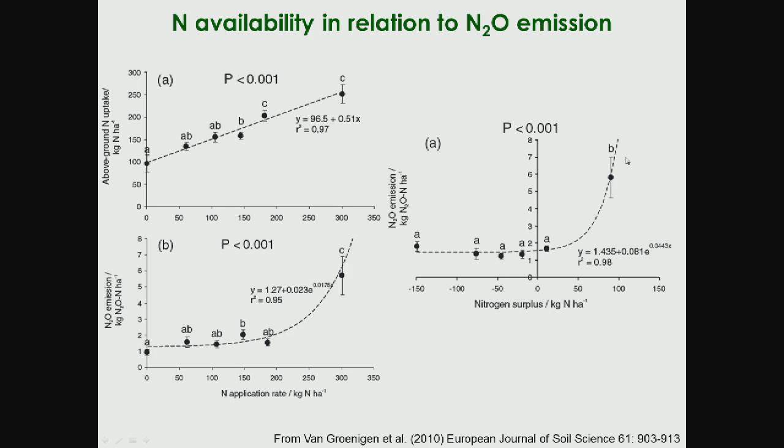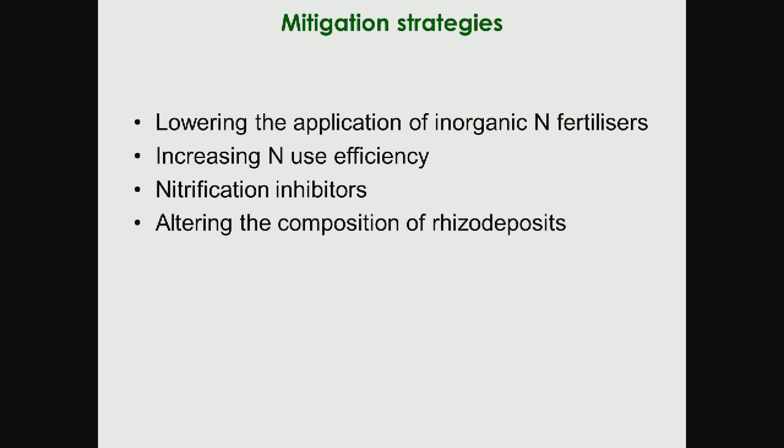So this really indicates that we need to be much more sustainable in our applications of nitrogen into our arable fields to limit this production of nitrous oxide. So clear approaches to mitigate this nitrous oxide production is to manage the application of these fertilisers much more carefully, so that we're not overfeeding this pool of nitrous oxide production.